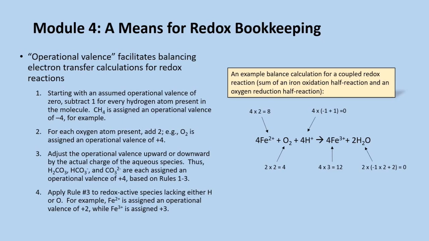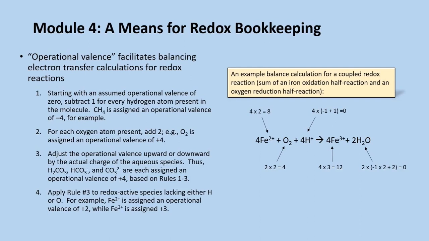Here are the rules for defining operational valence for a particular species. First, starting with an assumed operational valence of 0, subtract 1 for every hydrogen atom present in the molecule. Second, for each oxygen atom present, add 2. Third, adjust the operational valence upward or downward by the actual charge on the aqueous species, if we're discussing an aqueous species.